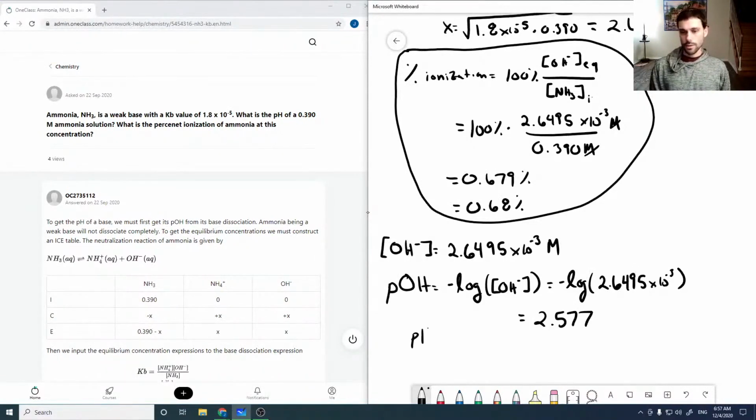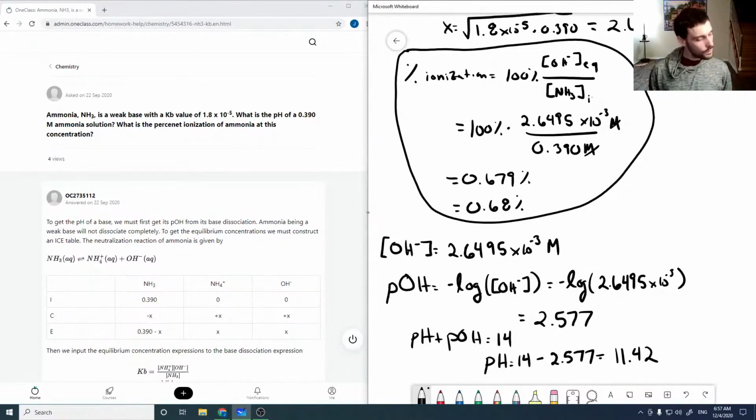And so our pH plus our pOH equals 14. And so our pH is 14 minus 2.577, which is 11.42. 0.390, so I guess 3 significant figures. So 11.4. Again, I just kept values until the very end. Okay, so then our pH is 11.4.